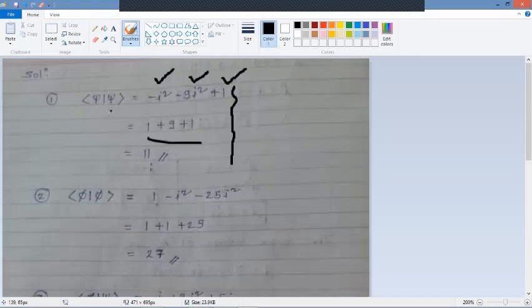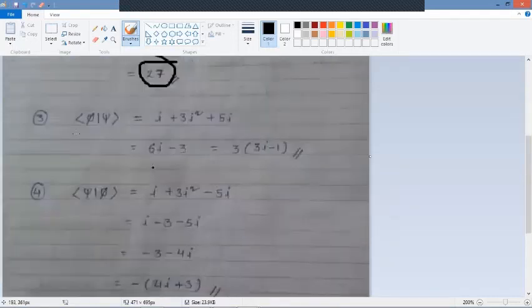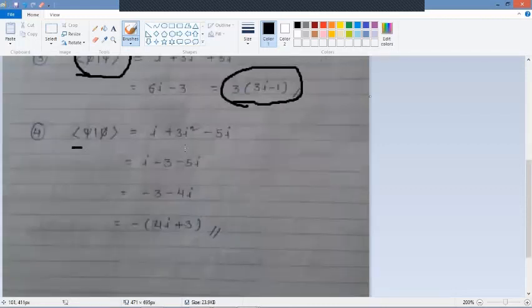We have the value of the inner product of vector psi and psi, which is 11. What is the inner product of phi and phi? It is 27. What is the inner product of vector phi and psi? It is 3 into 3 minus 1. And what is the fourth one? It is psi and phi.